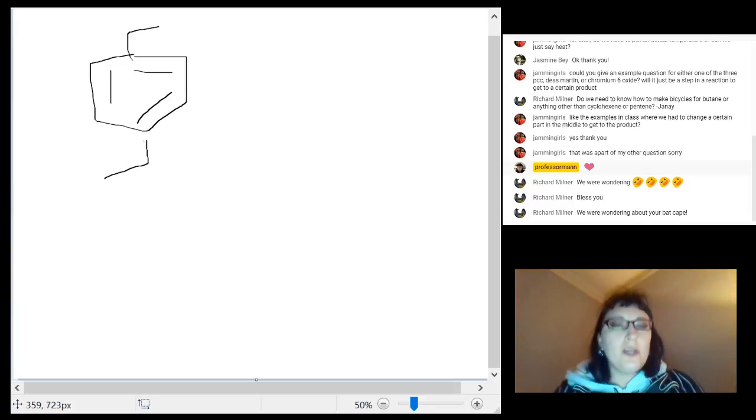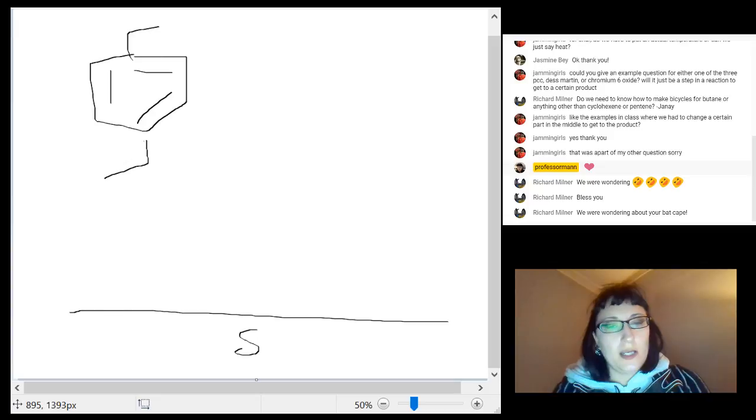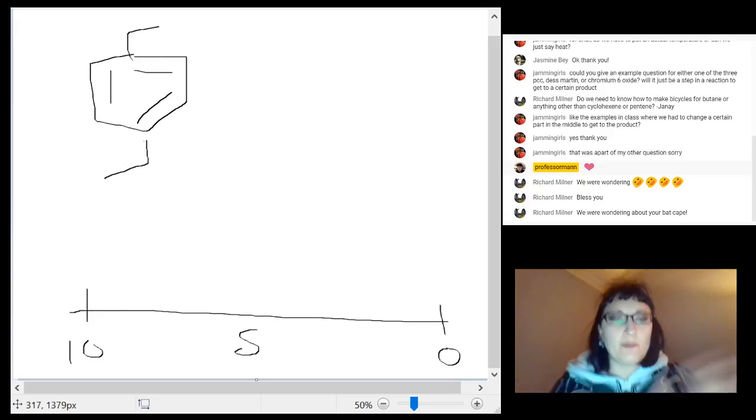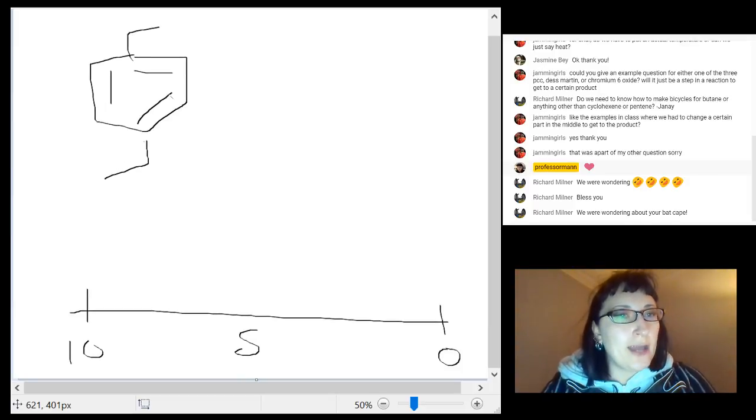So if we were looking at NMR, that would be about our 0 point, that would be our 10 point, that's about where we would expect for a proton NMR. You would expect, let me see if I can get big fat dots. I think I can get big fat dots.